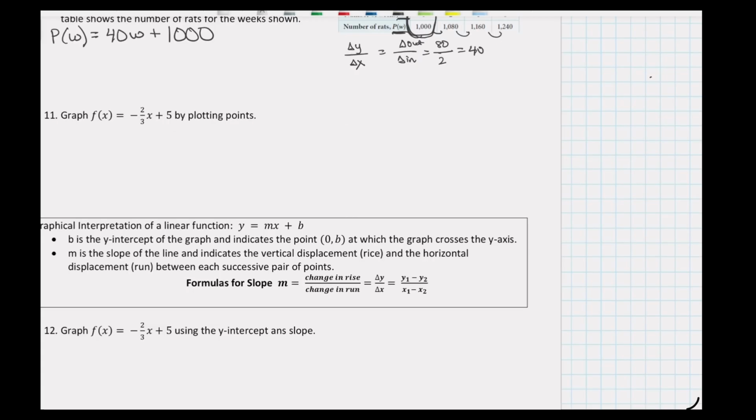Number 11 says, graph f of x equals negative 2/3 x plus 5 by plotting points. I'm going to come over here. y equals negative 2/3 x plus 5.